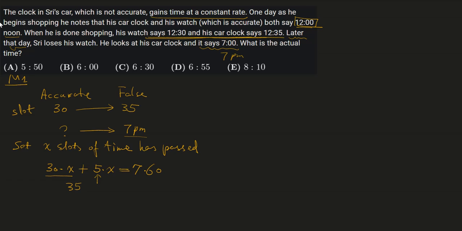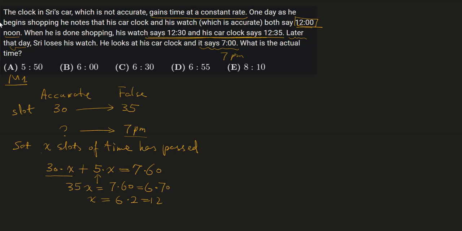So we have 35x equals 7 times 60. And we will do a small trick here. We change this to 6 times 70. Therefore, x equals 6 times 70 divided by 35, and 70 over 35 is 2. So 6 times 2, that's 12.